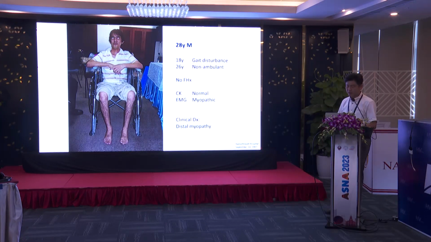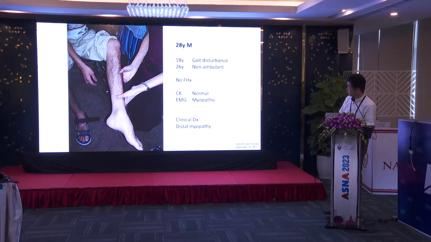So when I gave a lecture in Bangkok, he was introduced to me as a patient with distal myopathy. And according to him, he started having gait disturbance 10 years ago, and he lost ambulation 2 years ago. I don't have much data at that moment: CK normal, EMG myopathic, and clinical diagnosis was distal myopathy.